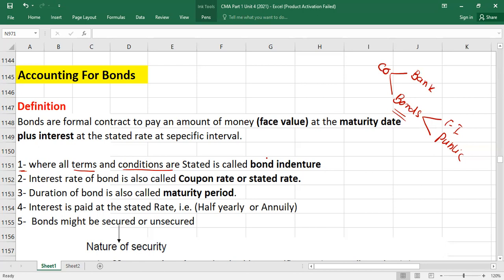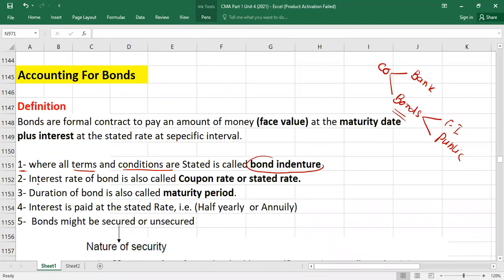That is called the bond indenture. This is the first word. The bond indenture is the document where all the terms and conditions are written.